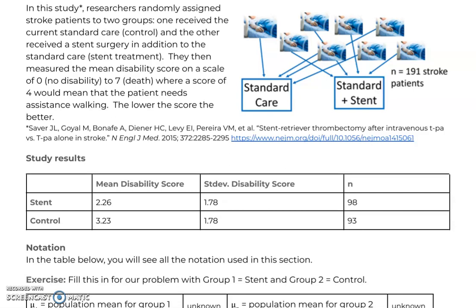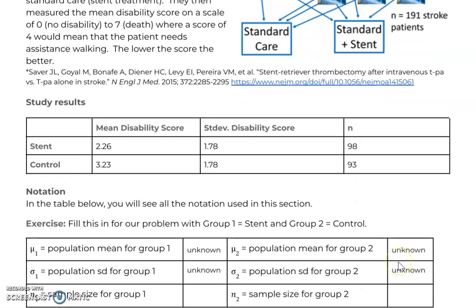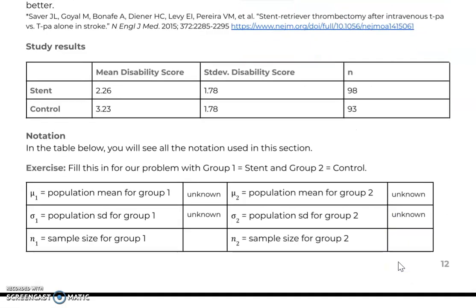Our stent group seems to have a lower mean disability score. And now the question is, does that mean that this is a superior treatment? This is not just sample fluctuation, but there's really a difference between those two treatments, the standard care and the new stent treatment.